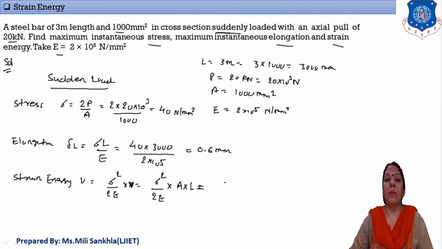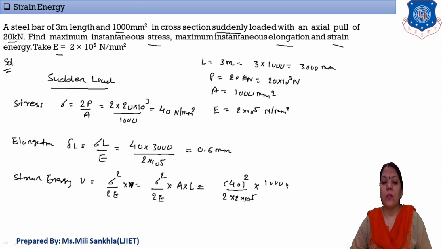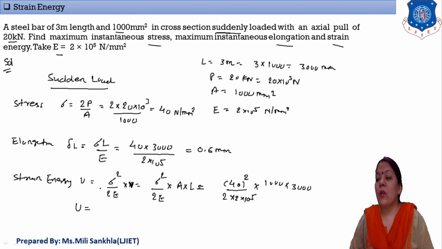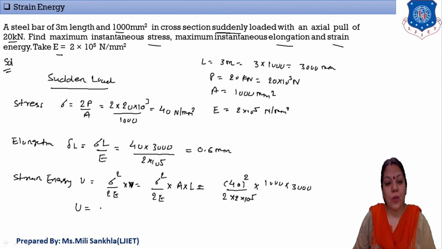Now one by one put the values: sigma is equal to 40 square, then 2 into Young's modulus 2 into 10 raised to 5, area is given 1000 and length is given 3000, and my answer for this U is equal to 12,000 Newton mm.